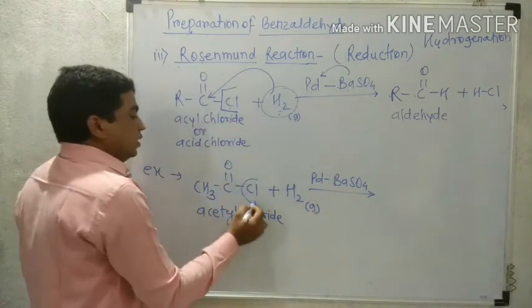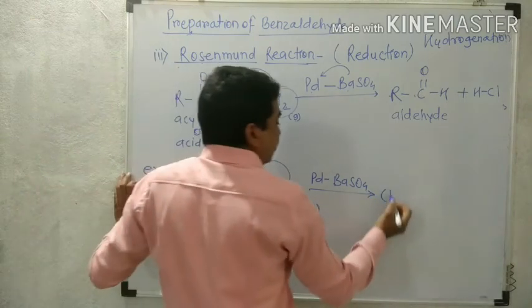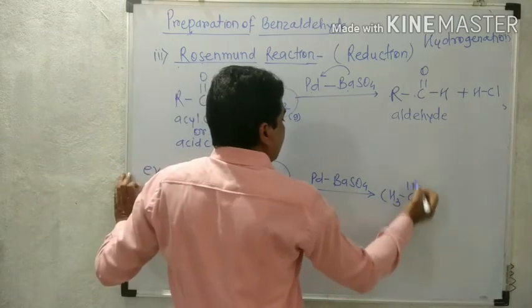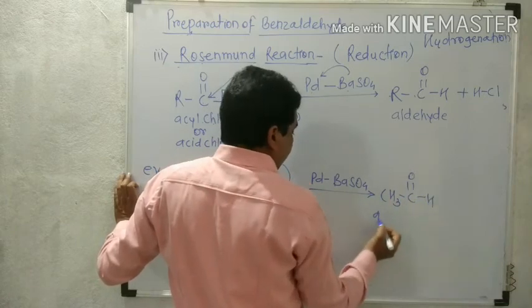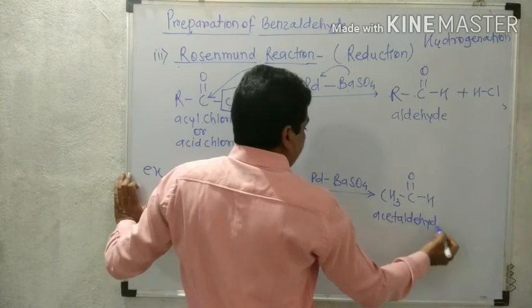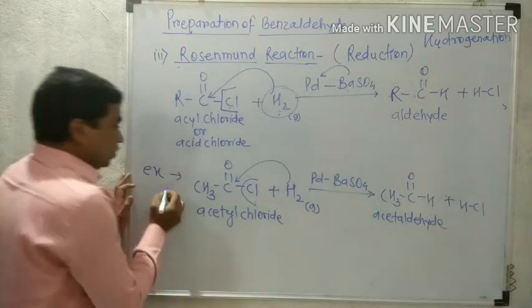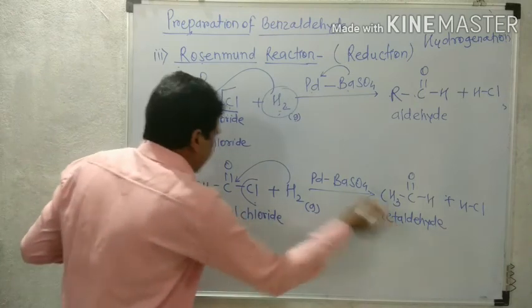When this chlorine is removed and replaced by one hydrogen atom, we obtain CH3CHO, that is the formula of acetaldehyde, and the remaining H and Cl form HCl. Now this is about the preparation of acetaldehyde.